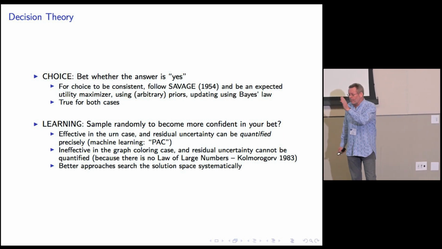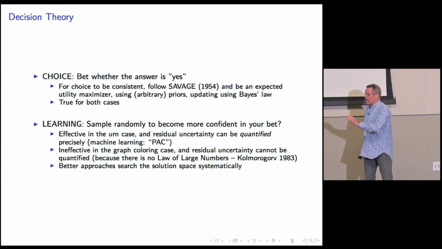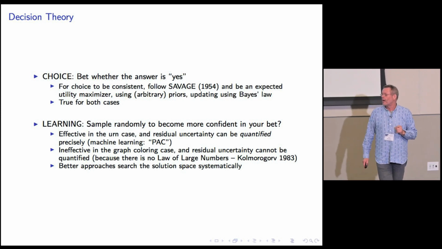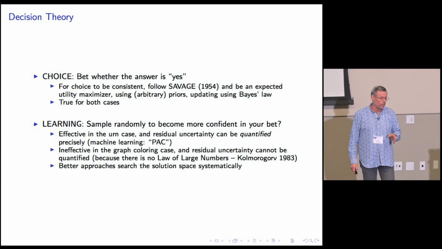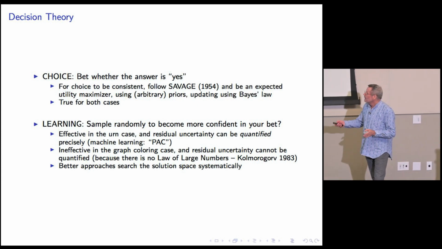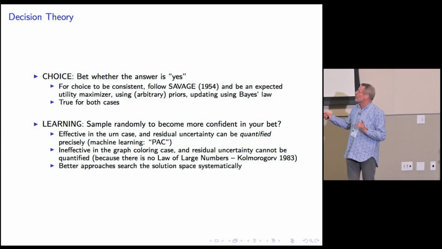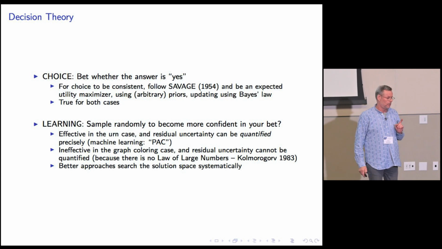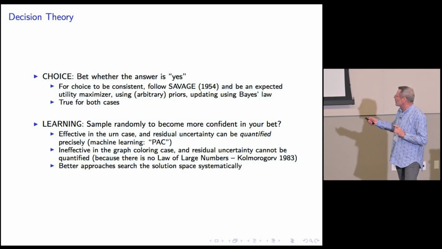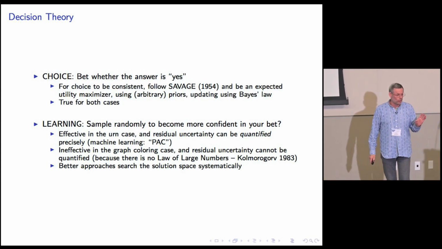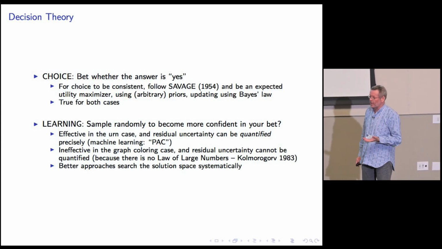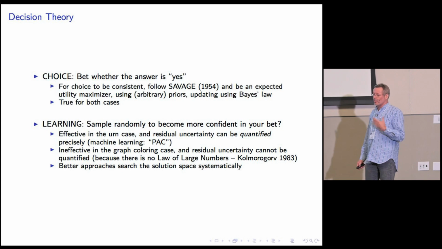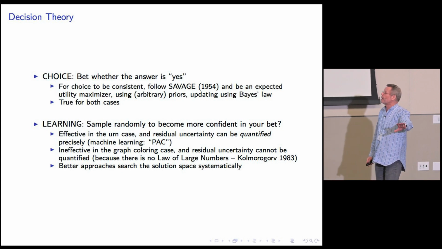That is, at any moment in time, you can say that's the probability that I'm more than epsilon away from the truth. The machine learning people call this probably approximately correct, right? It's extremely ineffective in the graph coloring case. And the residual uncertainty cannot be quantified, right? Kolmogorov would just actually say, there is no law of large numbers, so don't use my theory, right? But of course, we have this tendency to always use Kolmogorov's theory. And Kolmogorov says, no, this is a domain of finite mathematics.